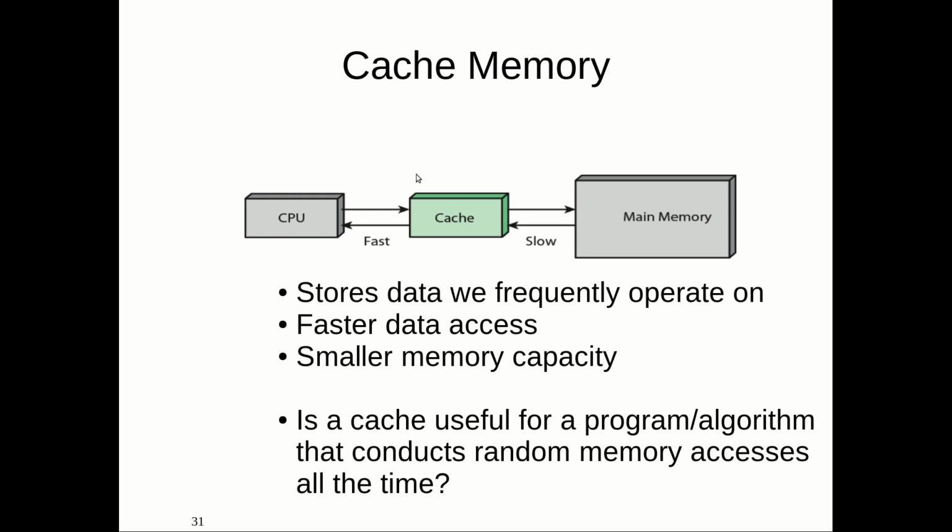So the cache requires two things to work properly. One is a fixed pattern of memory accesses. So for instance, linear memory accesses, or memory accesses as you would do them in a matrix multiplication.